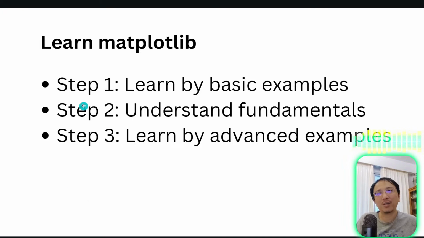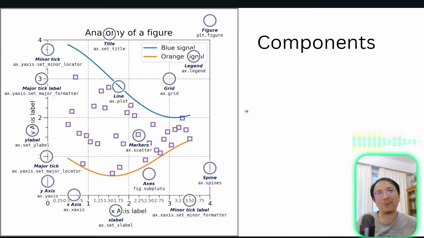I was stuck at step 1 for quite a long time because I didn't bother to understand the right terminology. Finally I understood that the terminology is quite important. So if you understand the terminology here, then you can search for your answers more efficiently.